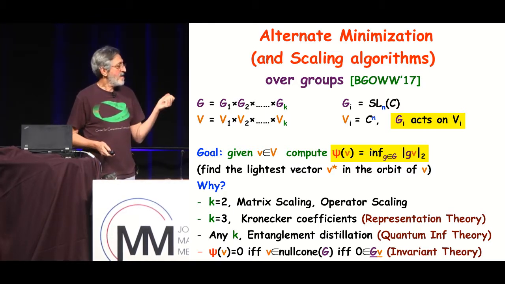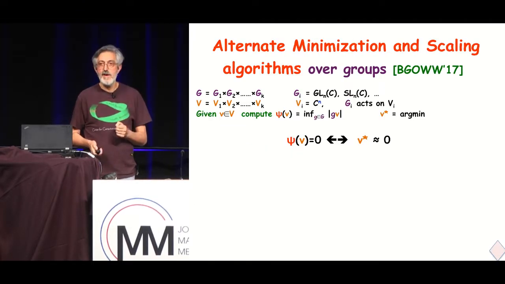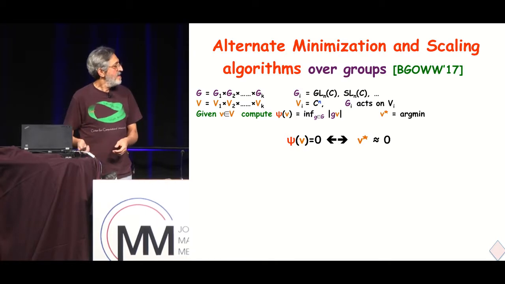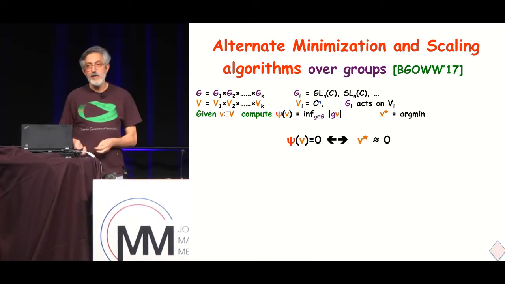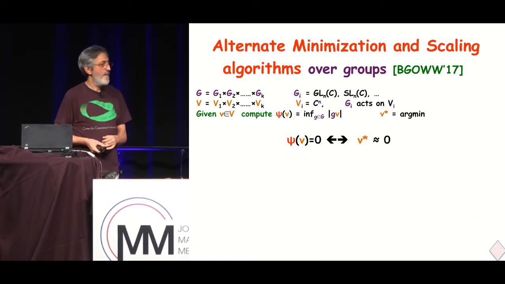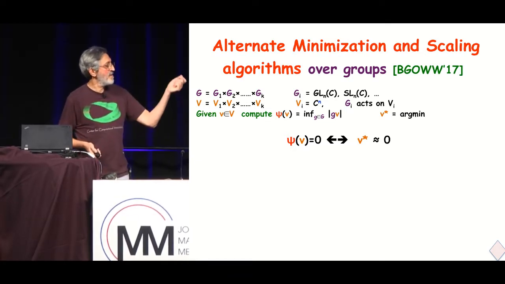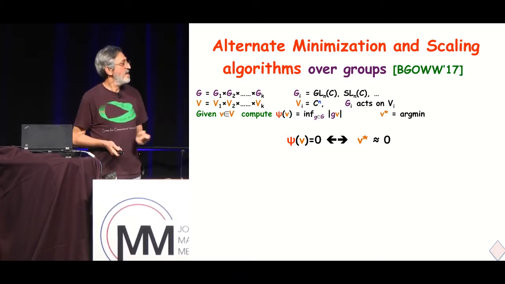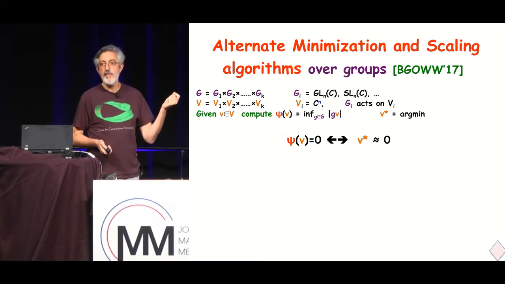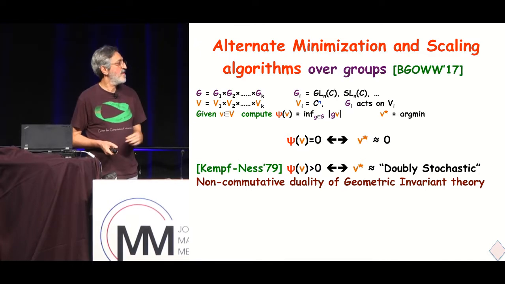So why should this tell us anything about scaling? There is no scaling in this problem. There's just an optimization problem over group action. And the reason is the following duality theory of geometric invariant theory. What I just told you is that this optimization gives a 0 value if we can push the vector by the group action to being as close to 0 as possible.